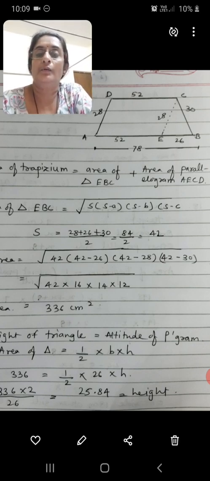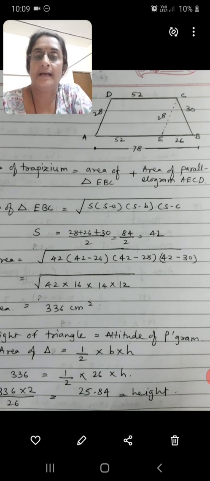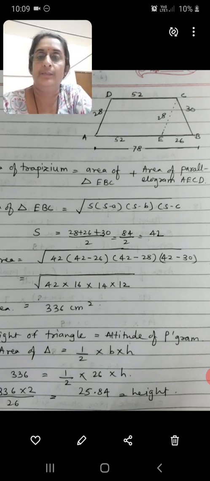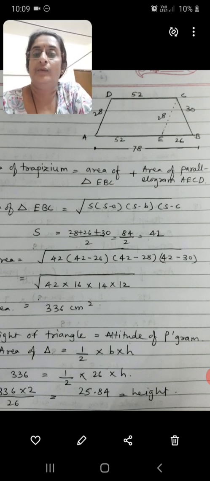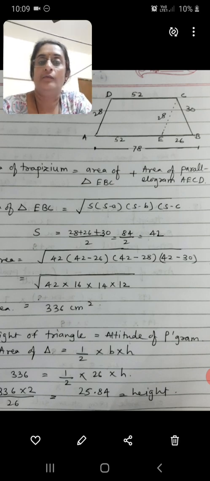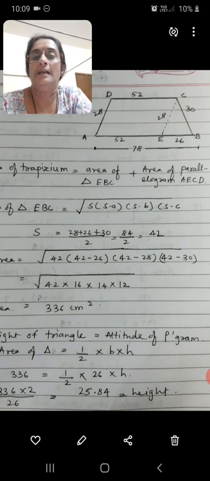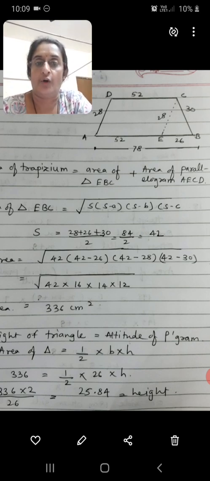Here you know both parallel sides, but we don't know the height, so we can't use that formula. So first I have done one construction. I have taken one line CE which is parallel to DA. You can see it in dotted line.